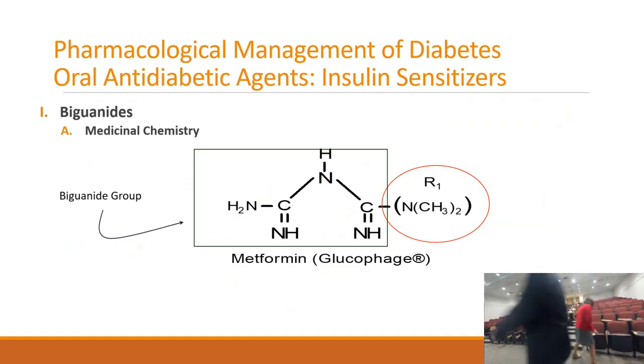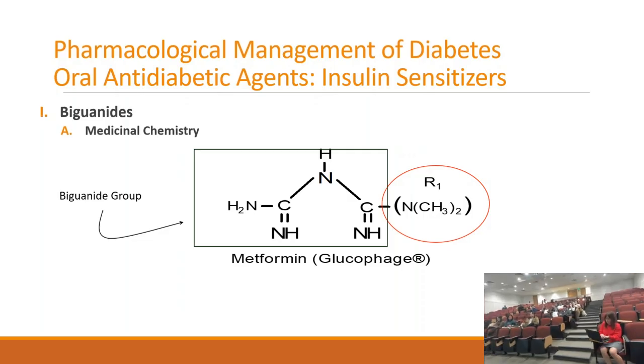Okay, so again, group number one, we've got metformin. This drug belongs to a chemical class called biguanides, and this is the only drug example from that particular chemical class. The name of the chemical class comes from the pharmacophoric structure, the biguanide group right here, which is a key component of metformin's chemical structure.